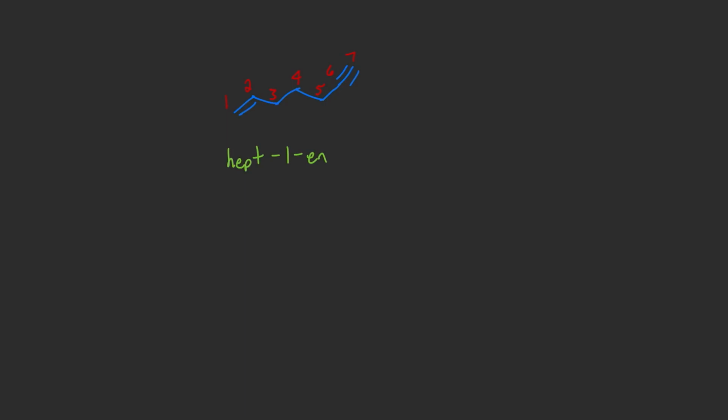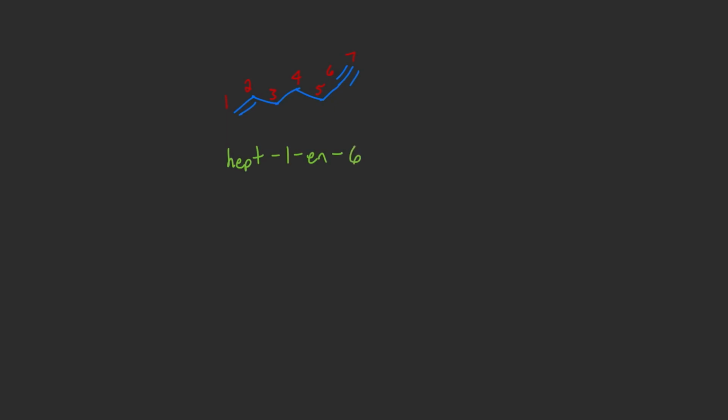Notice we did not write out the full ene. That's because now we're treating the alkene as the first substituent. So instead, we will just leave it en. And then we write the position of the alkyne, which going through the carbon chain starts on carbon 6 and goes to carbon 7.